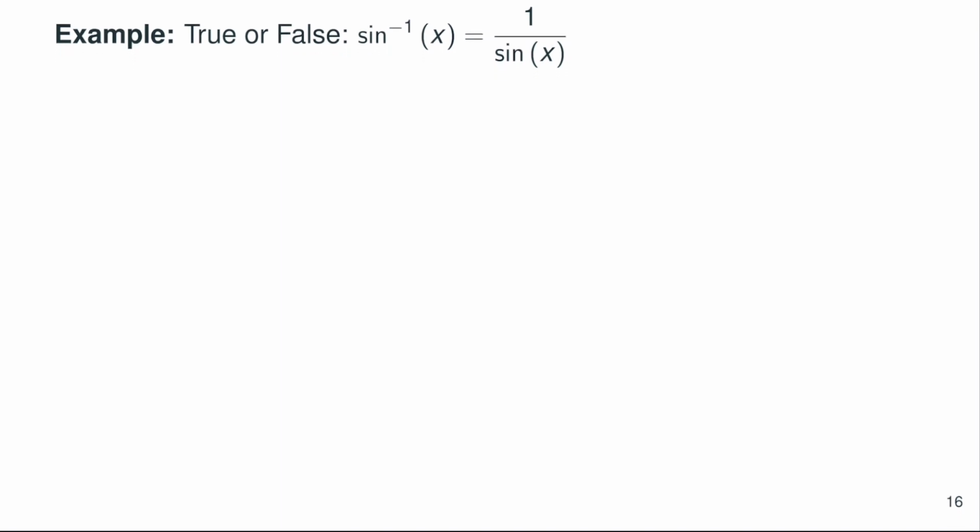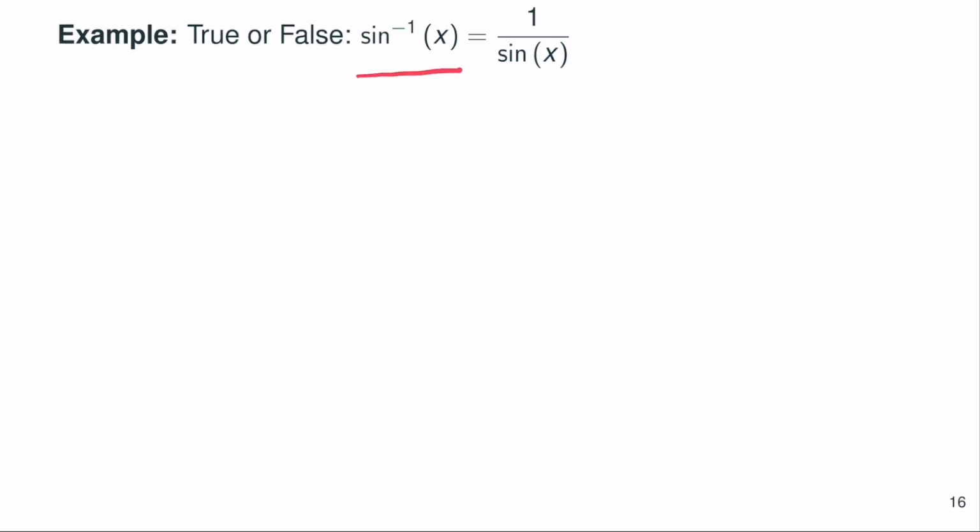So let's look at this one last example. True or false? Sine to the negative 1 power, the sine inverse function, is the same as 1 over sine x. The answer is false. Okay. Because sine inverse is arcsine.